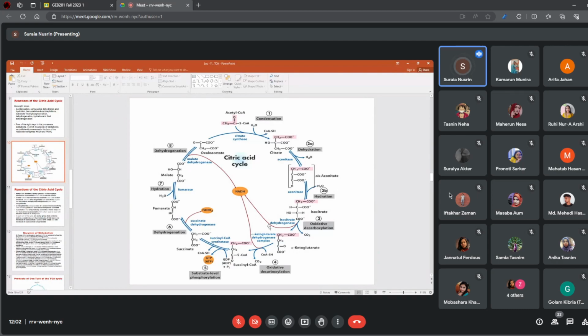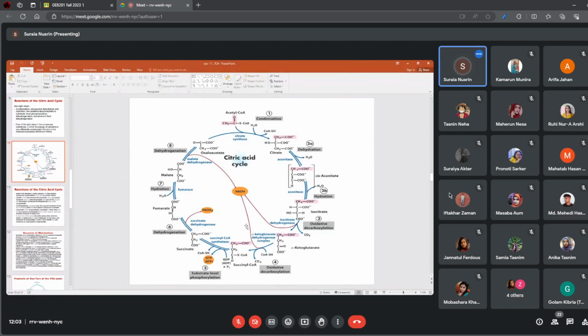Now isocitrate undergoes oxidative decarboxylation, that means oxidation happens as well as decarboxylation, which is the removal of carbon dioxide. This reaction is important, and it is catalyzed by the enzyme isocitrate dehydrogenase.